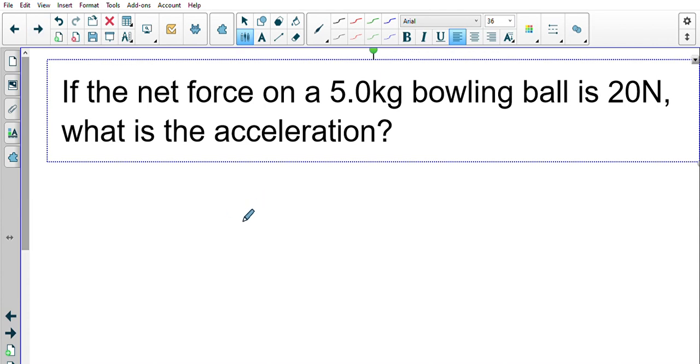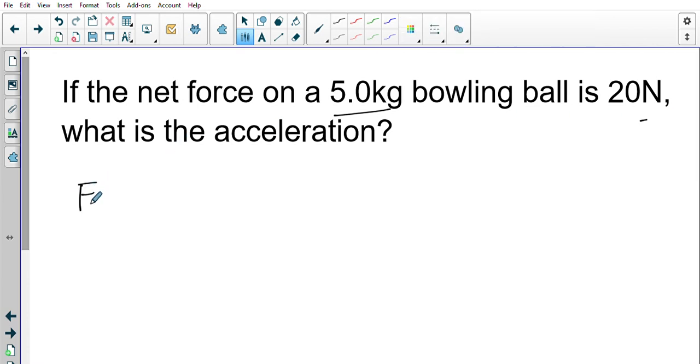All right, so here we're getting into perhaps less conceptual, into some calculations. If the net force on a 5-kilogram bowling ball is 20 newtons, what is the acceleration? All right, so what do we have? We're talking about net force, and the net force is equal to 20 newtons. And then we have 5 kilograms, which is a mass. And what are they asking for?